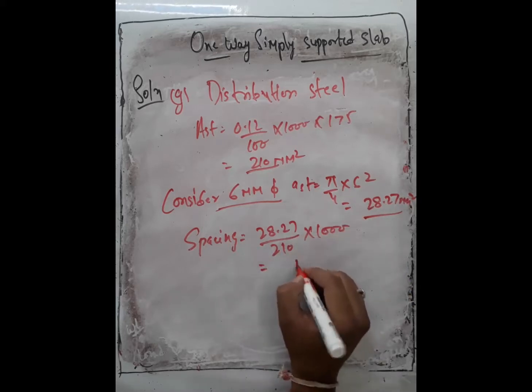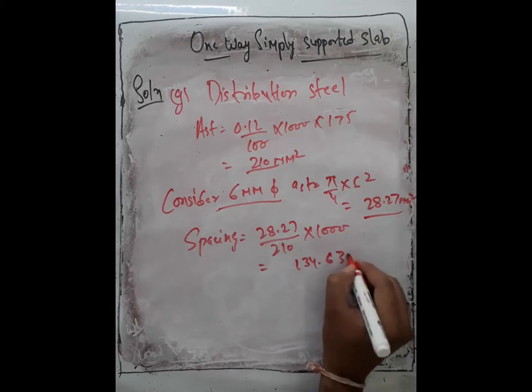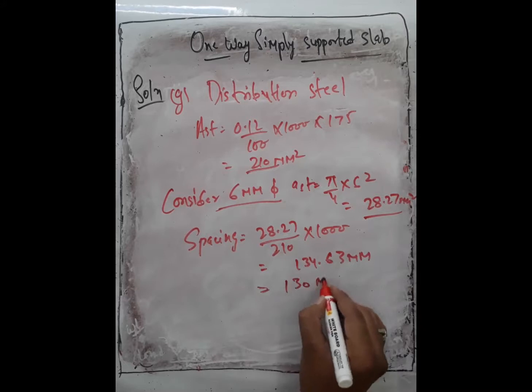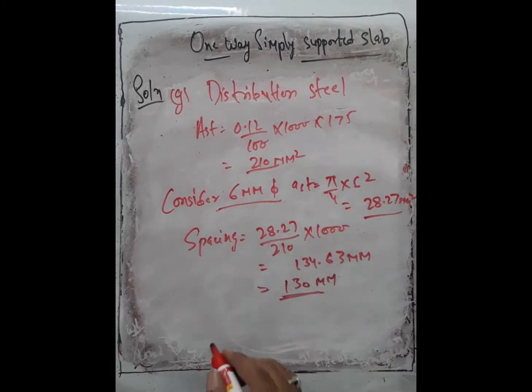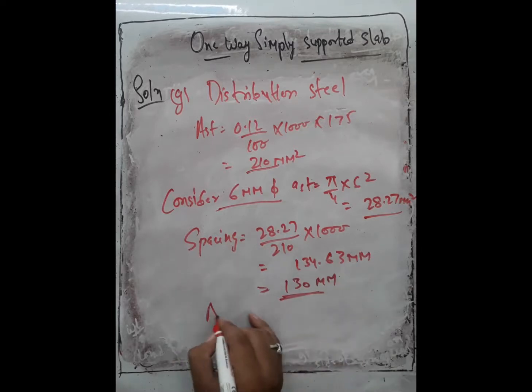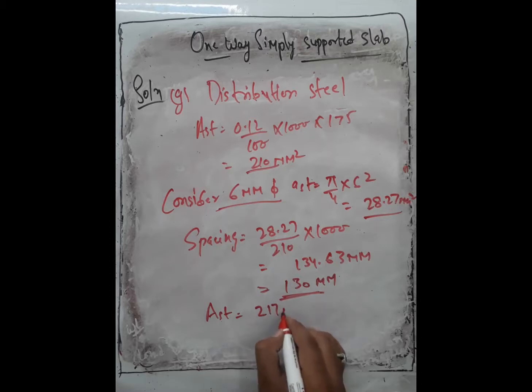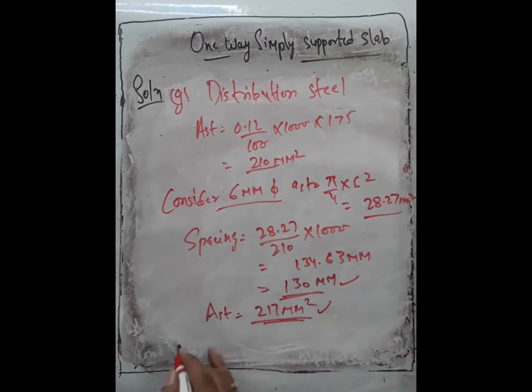Here we get 134.63 mm. So same here we take 130 mm. So if we take 130 mm, that means our AST is also changed. So AST is equal to 217 mm square.